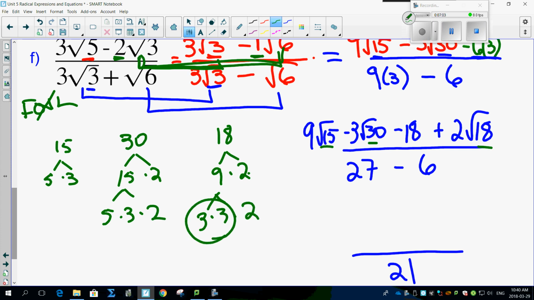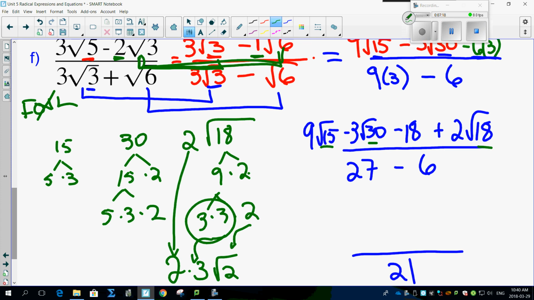So since it has a 2 in front of the root 18, don't forget to carry the 2 on, take one representative out of the double 3s, there's a 3, and then what's left stays under the radical sign. So 2 times 3 is 6, so I got 6 root 2 here. So this guy becomes 6 root 2.